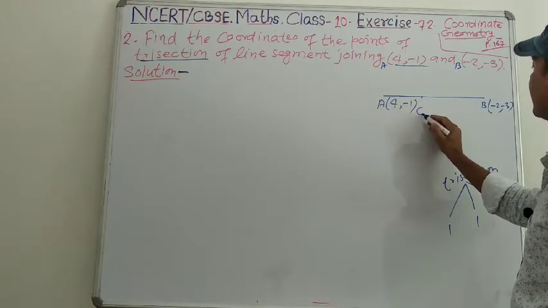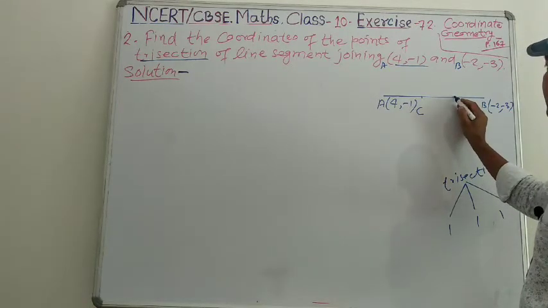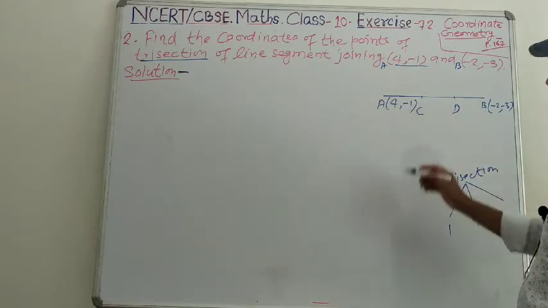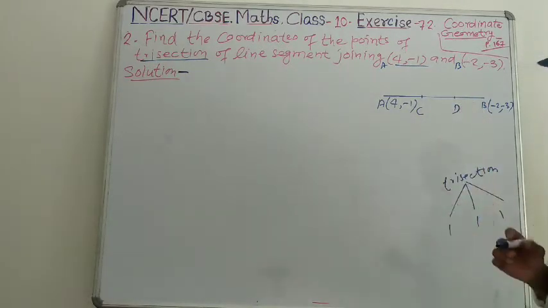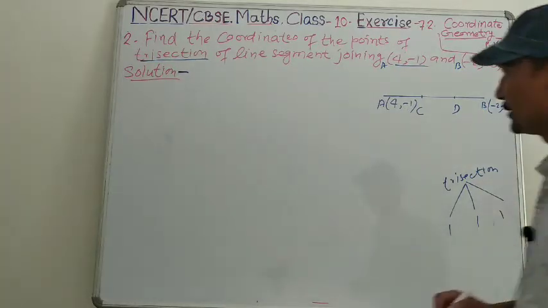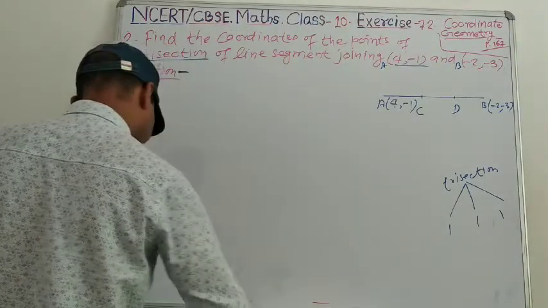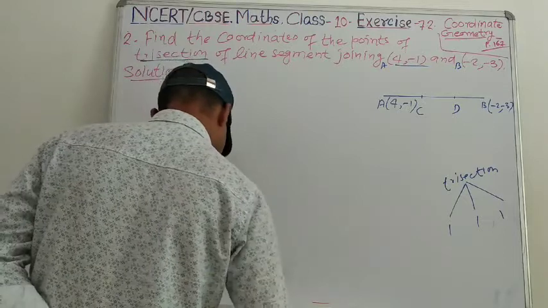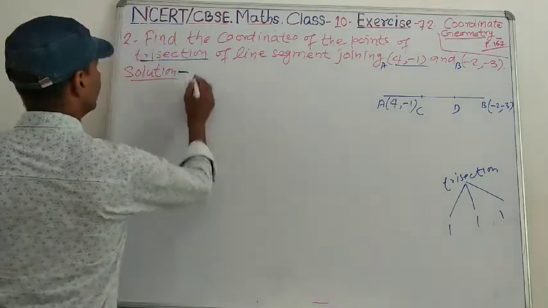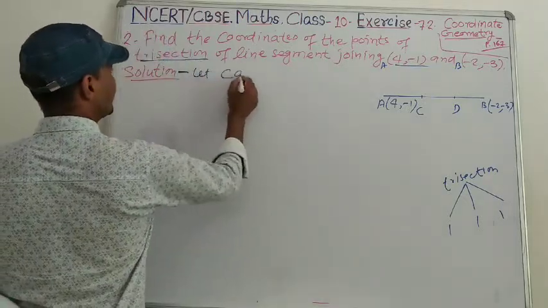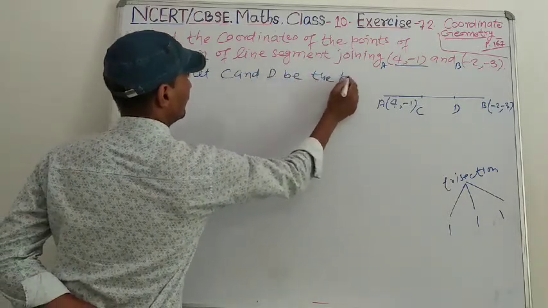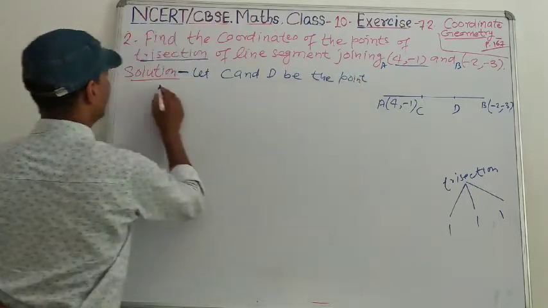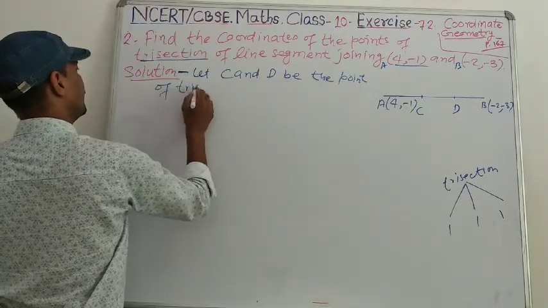The ratio is 1, 1, 1. Like suppose we have the first point C as the point of division, and the second is D. So C and D are the points of trisection. Then we check the ratio. We write here: let C and D be the points of trisection.